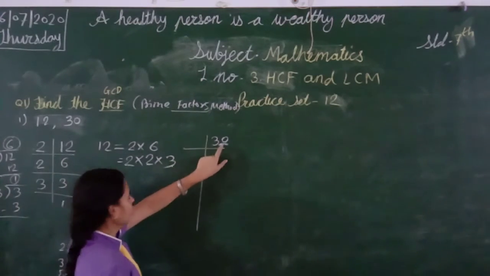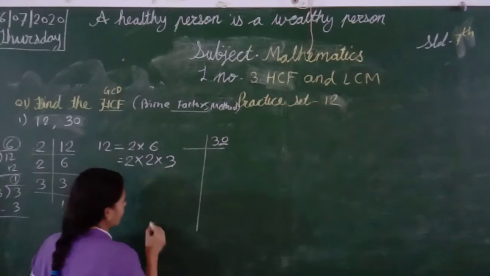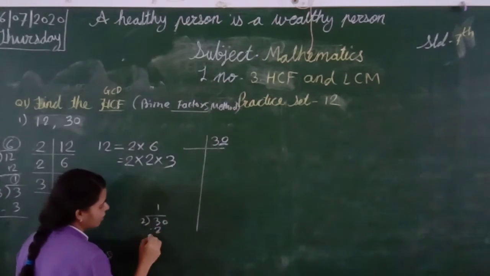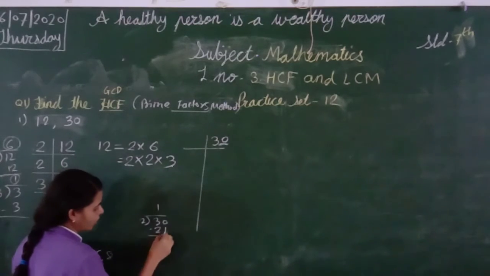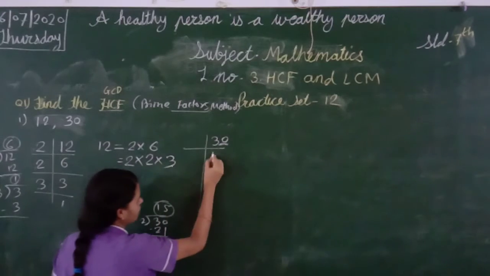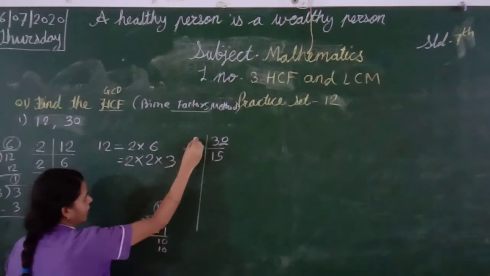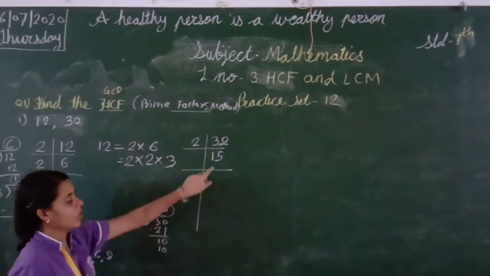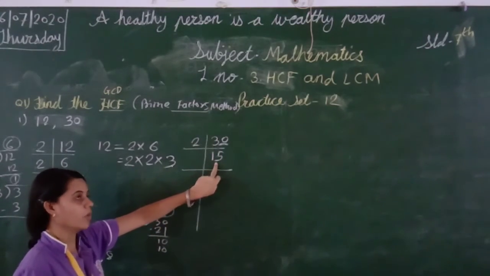Now table 2. Check, students: 2 ones are 2, 3 minus 2 is 1, 2 fives are 10, so 15. Here we get 15. Now does 15 come in table 2? No. Table 3?